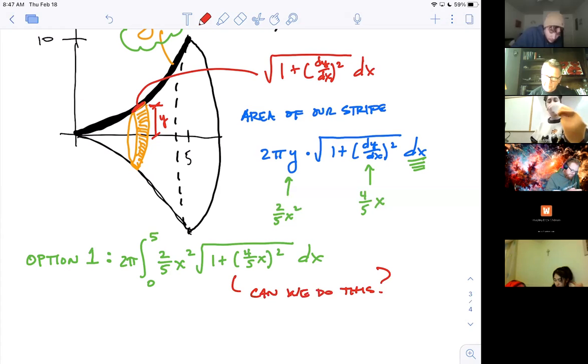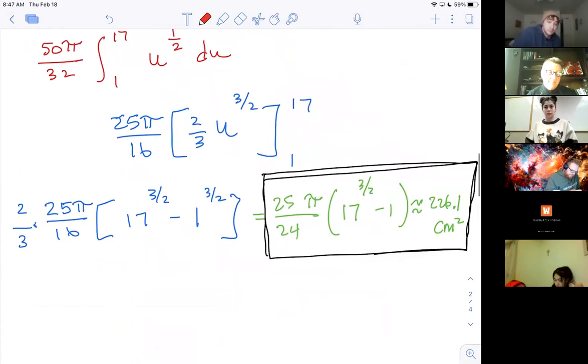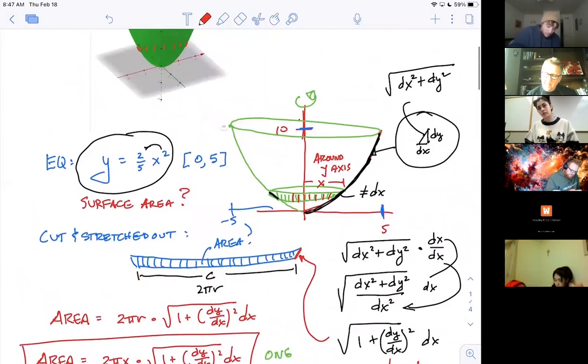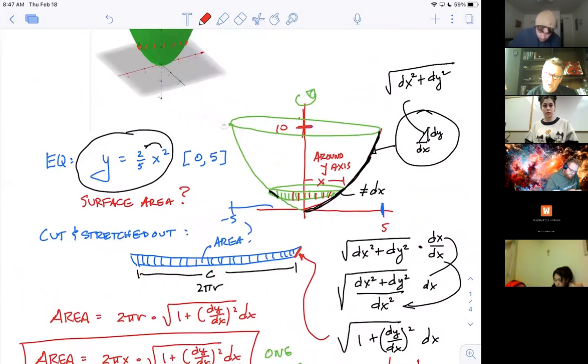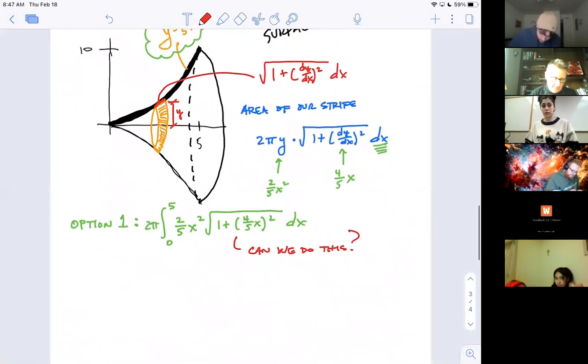I hit graph. I get some graph. I don't really care what the graph looks like. By the way, I'm expecting the answer to be less than 226. I'm not sure because I didn't draw this to scale. Remember that last graph was actually 10 tall, so it's pretty tall. So maybe I don't even have a clue. I'm just going to see.